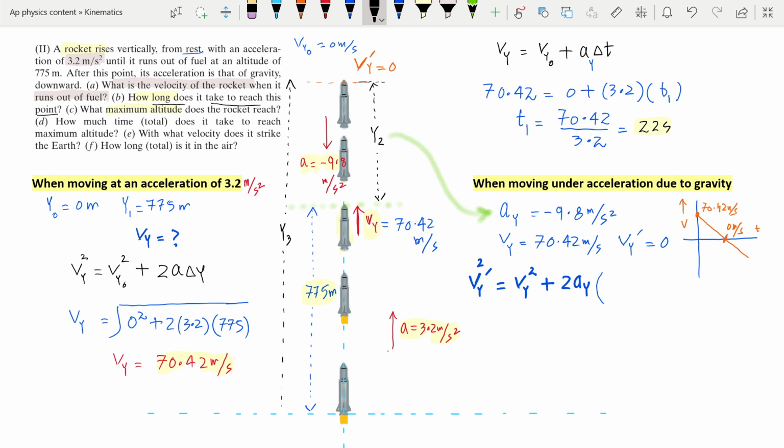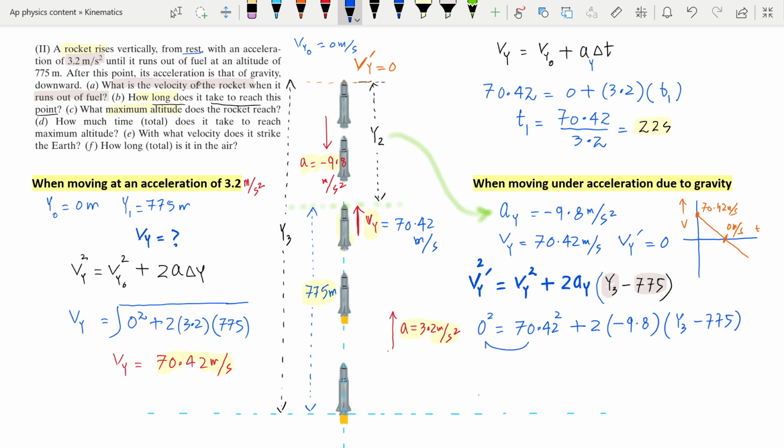Delta y right now is actually y3 minus 775. Why? Because I am using this initial velocity and this final velocity. Initial position is 775 and final position is y3, the maximum height. So if you plug in the values, 0 square equals 70.42 square plus 2 into negative 9.8 into y3 minus 775.